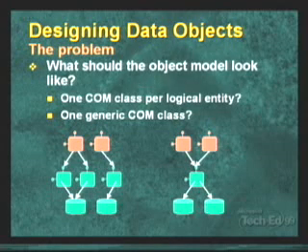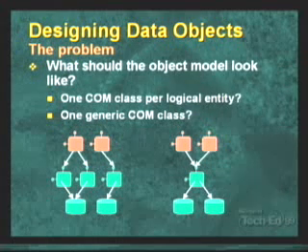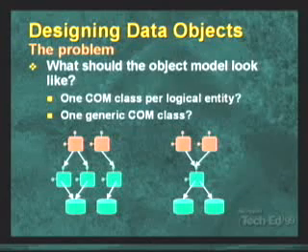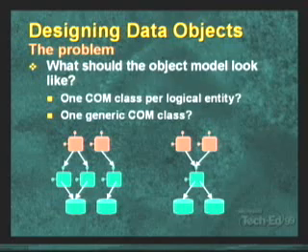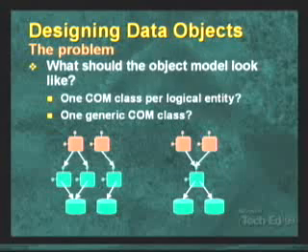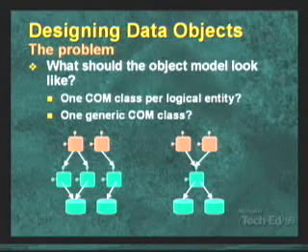And the reason this question comes up is that there are two primary Windows DNA application examples that are provided on MSDN. One uses the approach of one COM class per logical entity in the data model, and the other one uses a generic class. So we provide both options for you and don't really provide any guidance about which one to pick. So I'm going to try to give you some guidance.